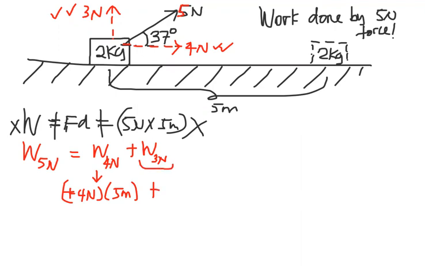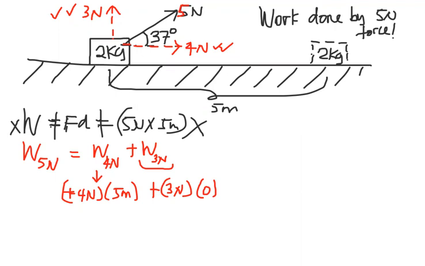Now you see we have the 3 newton force, of course, but displacement in that direction is 0. There's no displacement along the 3 newton force. So the displacement for that is 0 because the box is not moving towards that direction. It's moving actually perpendicular.